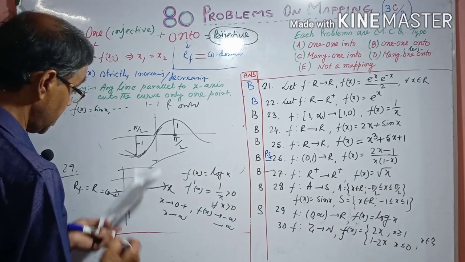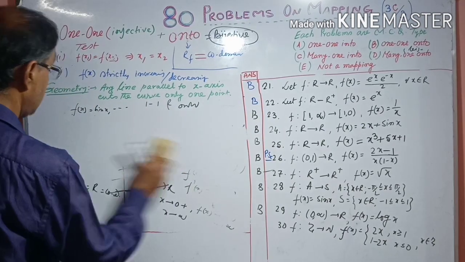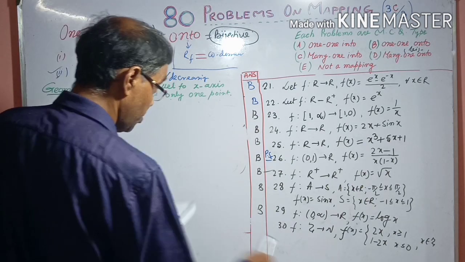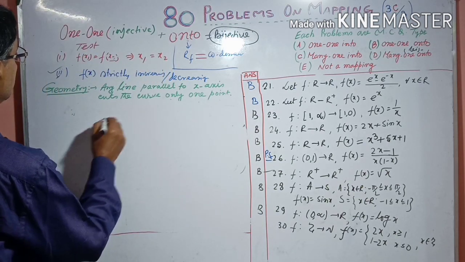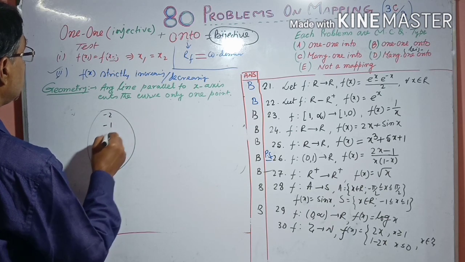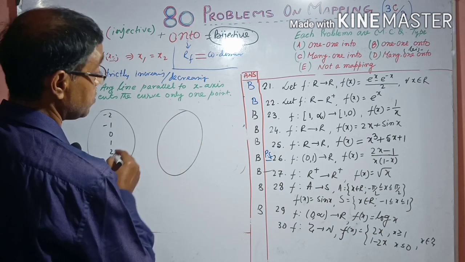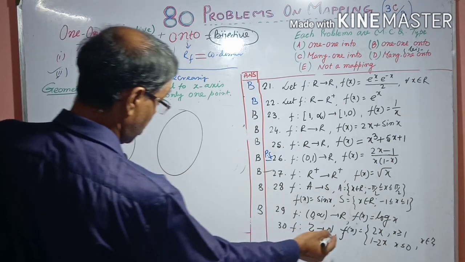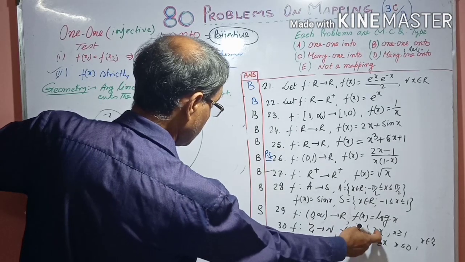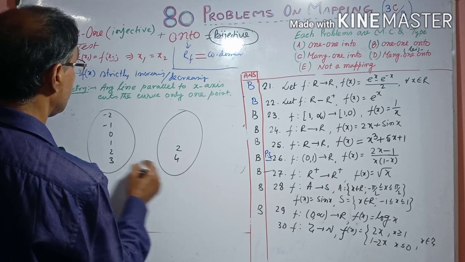Now problem number 30, it is from Z to N. It is not a continuous curve, so we put the values of Z, like -2, -1, 0, 1, 2, by the inspection method. For x greater than or equal to 1, you get 2, 4, 6.